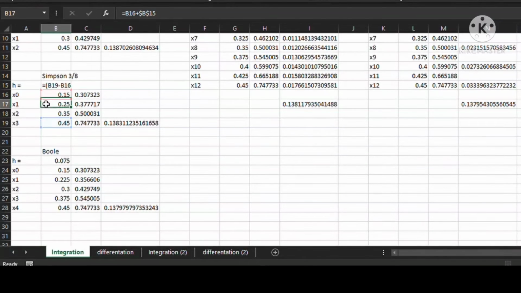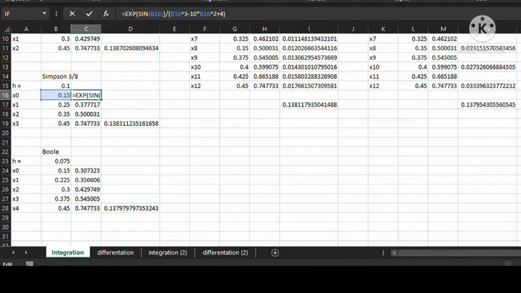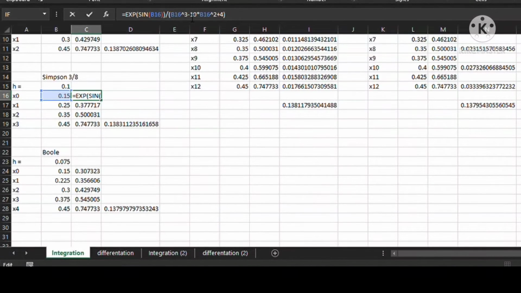Then we have the given problem in the example: equals e raised to sine x over x cubed minus 10x squared plus 4.